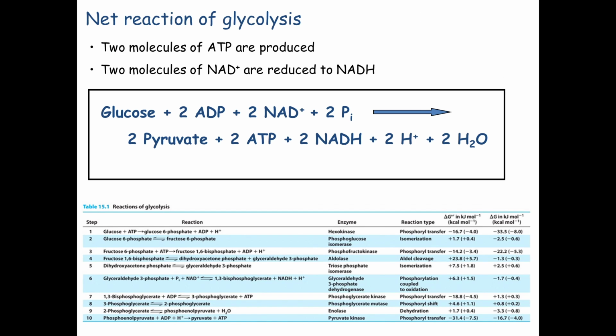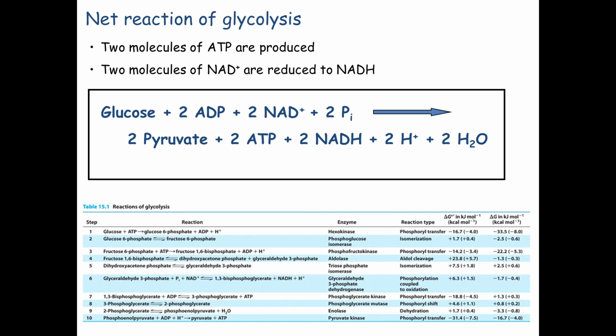Okay, so looking at these overall, if I write an equation for all 10 reactions put together, we started with a glucose. We did invest ATP, but we invested 2 and got 4 out of it, so we only draw the net in the equation here. So I'm getting 2 ATP made from 2 ADPs and phosphates.